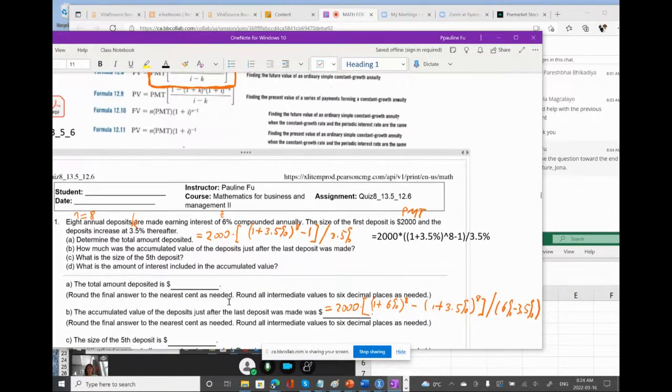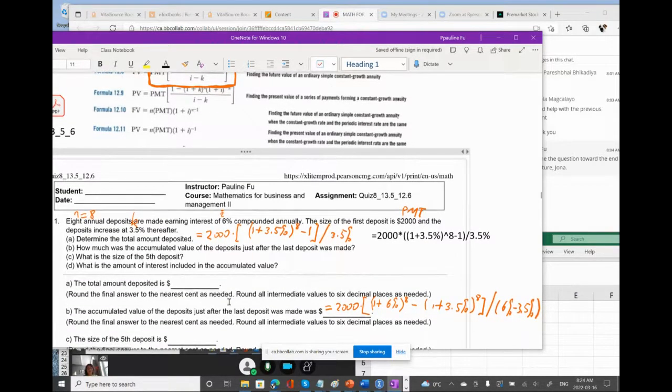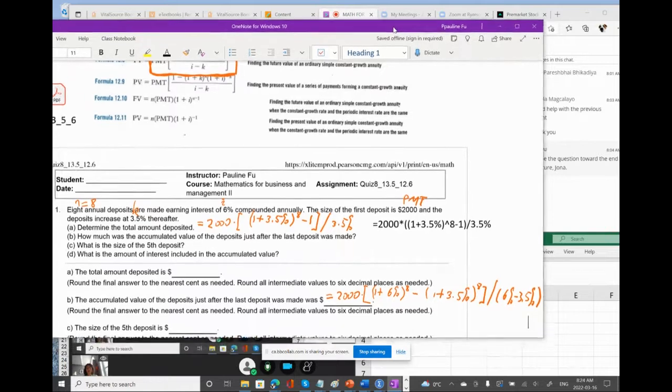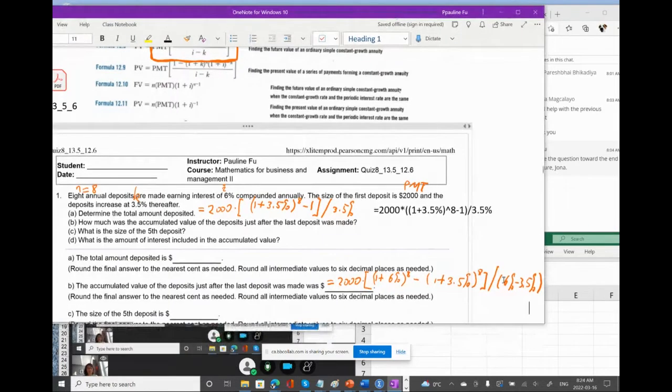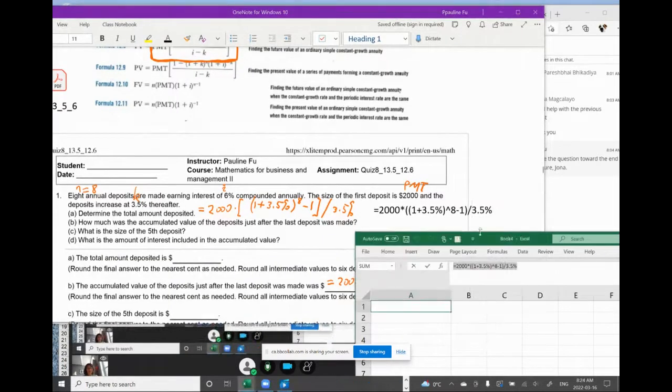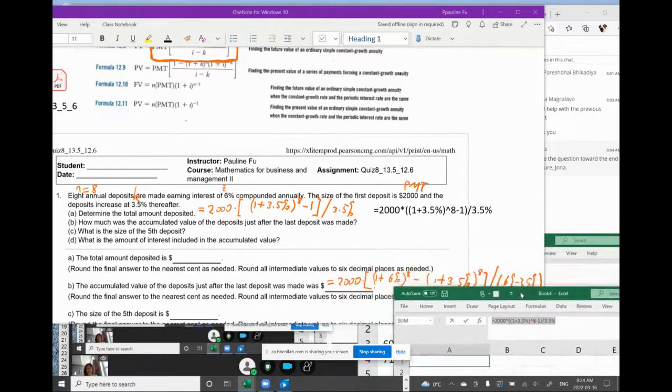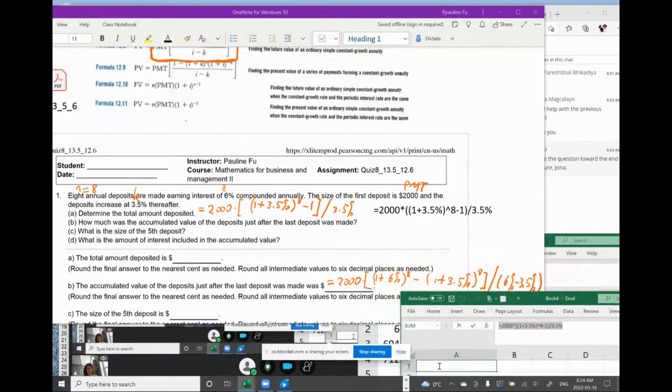And now you need to use Excel to do the calculation. So I'm going to use Excel here.